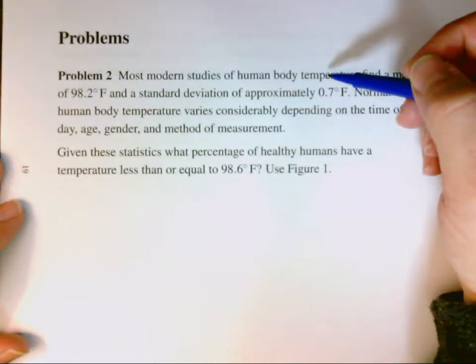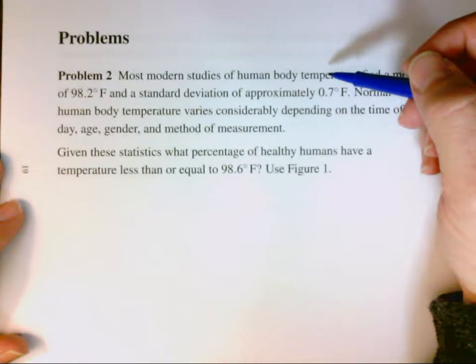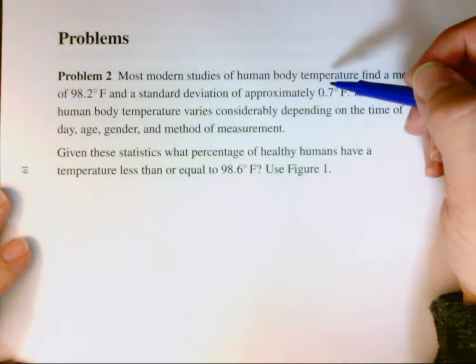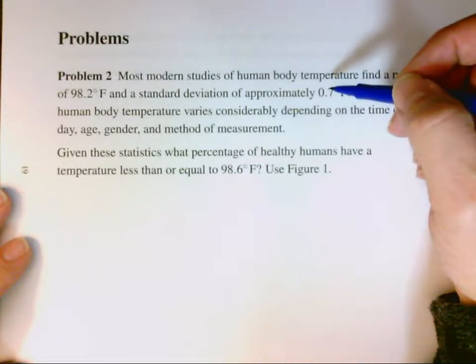We've encountered before already that the claim that 98.6 degrees Fahrenheit is the true human body temperature isn't exactly accurate. In fact, that was the first average computed by a German physician in the 19th century.